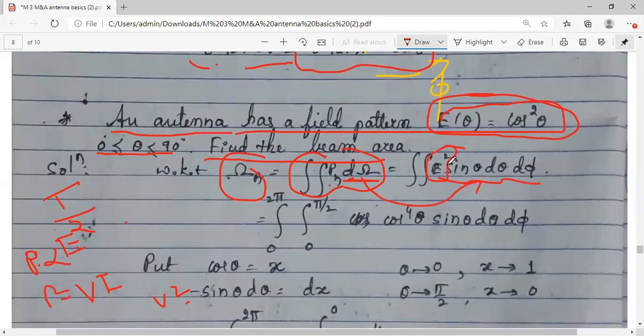And Pn is square related to the field, and the field given to you has a cos square variation, so I have substituted that. One more important thing to note: for theta, the range is 0 to pi by 2. But here, the phi variation is not given to you.